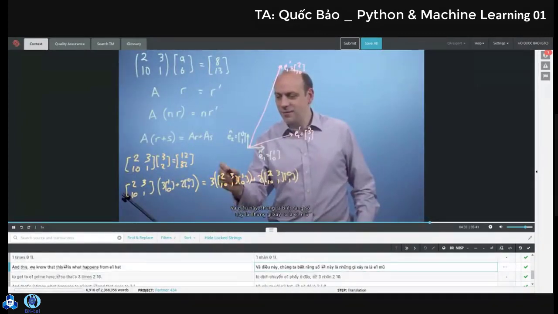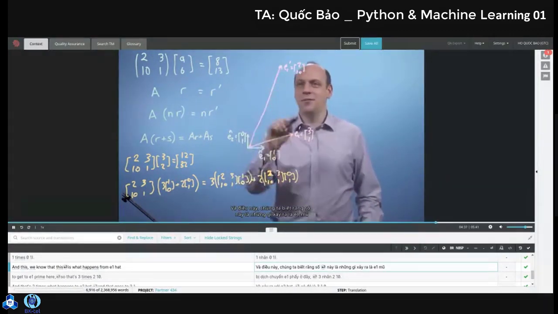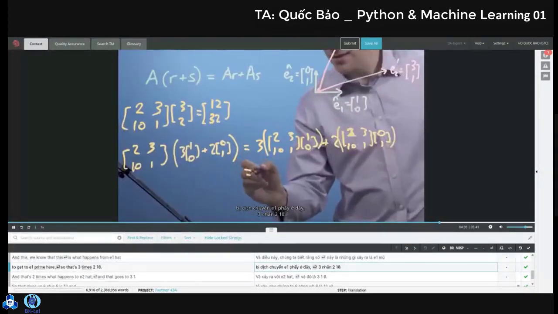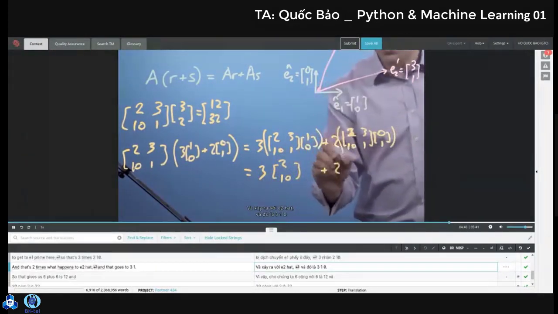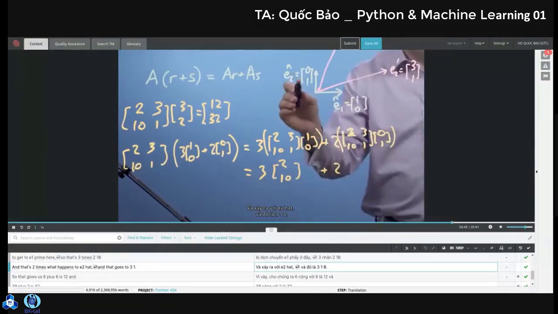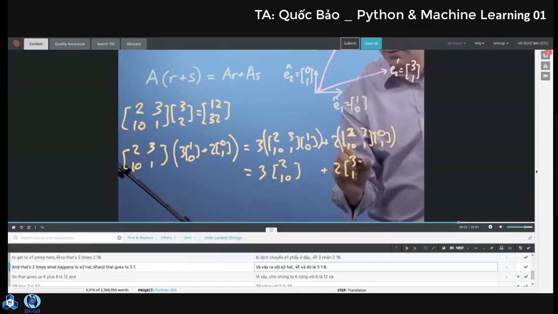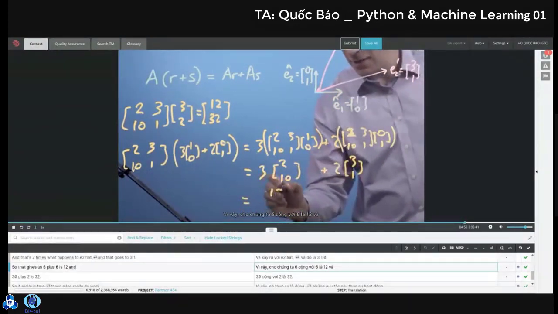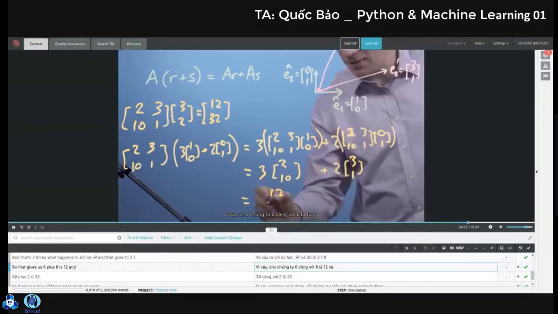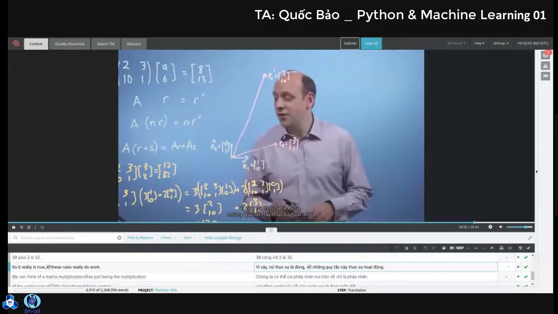And this, we know that this is what happens from E1 hat to get to E1 prime here. So that's 3 times (2, 10). And that's 2 times what happens to E2 hat, and that goes to (3, 1). So that gives us 6 plus 6 is 12, and 30 plus 2 is 32. So it really is true.